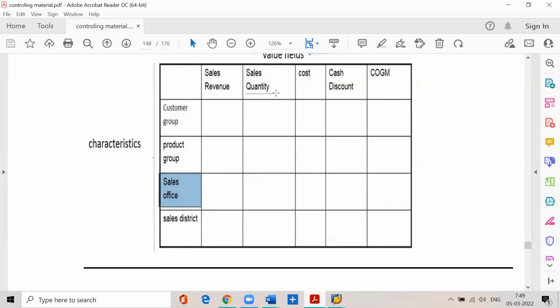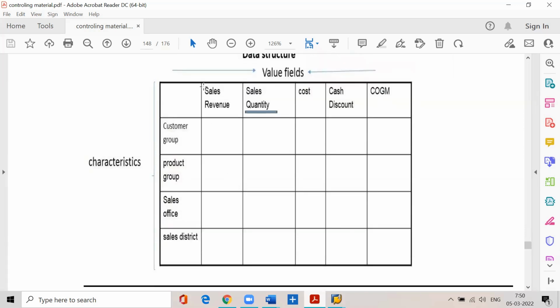What is the quantity you have sold? What is the cost? What is the cash discount given to customers relative to every sales office? And what is the cost of goods manufactured? So this is called analysis of profits, analysis of profit elements.